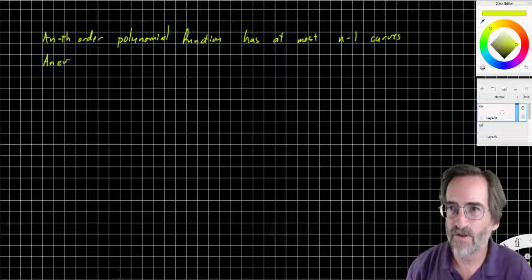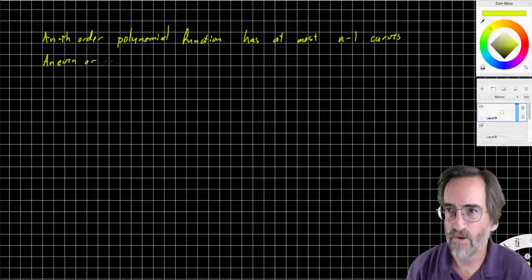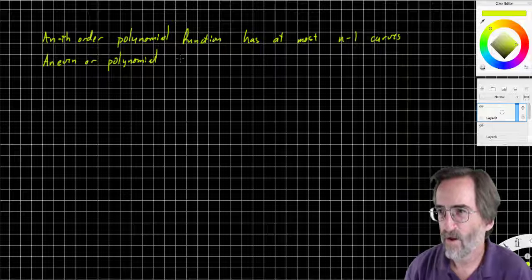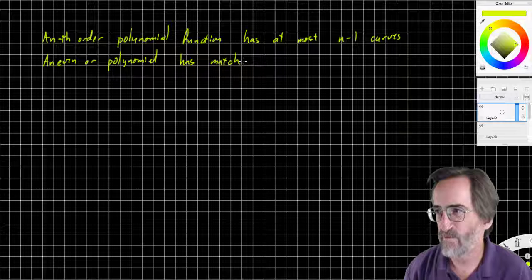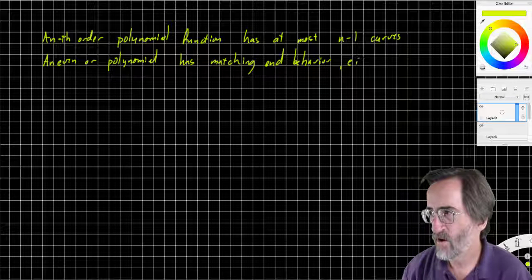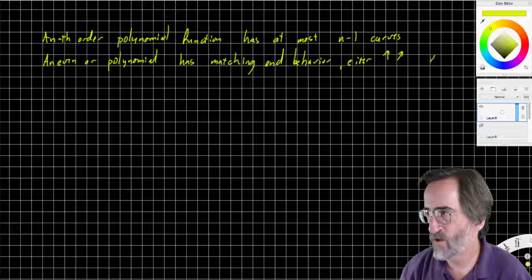An even order polynomial has matching end behavior. Let me explain what I mean by that. It's either up on the left and right together or down on the left and right together. They match.